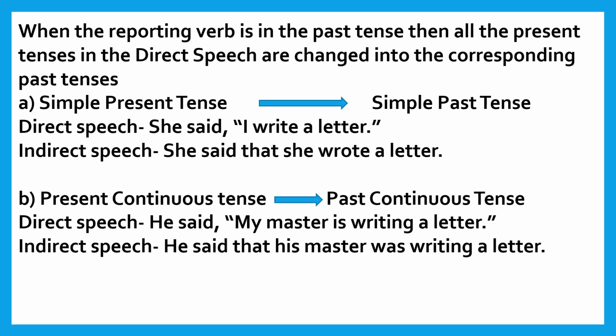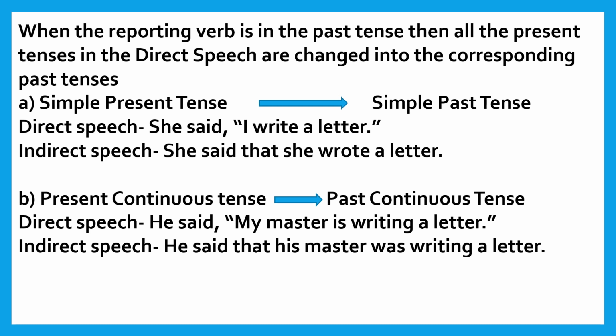Now observe the changes of the tense while converting a sentence from direct speech into indirect speech. When the reporting verb is in the past tense, then all the present tenses in the direct speech are changed into the corresponding past tenses.